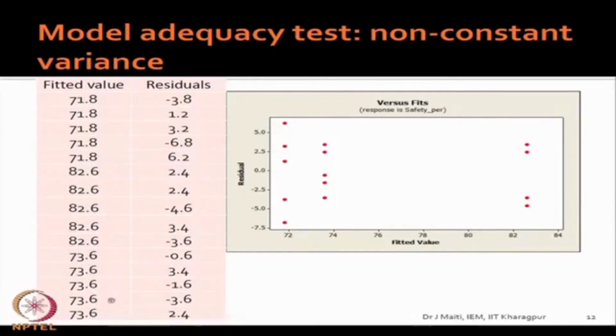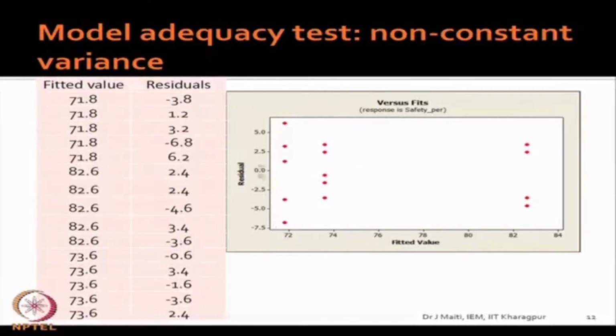These are the fitted values, and the residuals you have already computed. Now you plot the residuals against the fitted values. Here, are you getting any difference in variability? I think for the first one there is a little difference, because this is the mean value 71.80, and across this mean the variability is a little higher compared to the other two, but these two are almost equal.